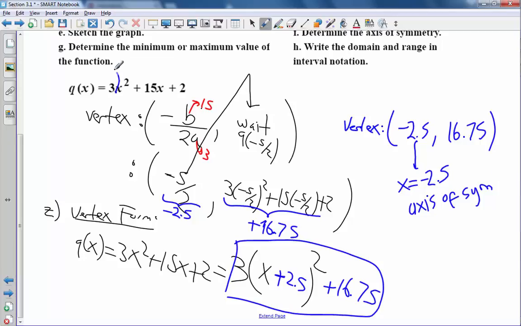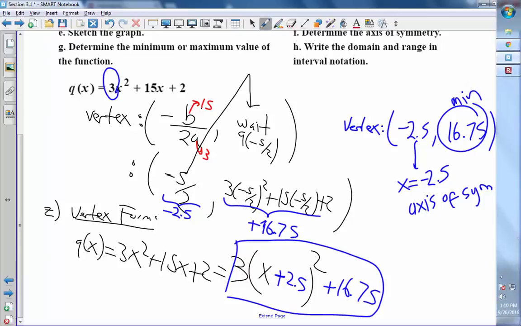Which one do we have? Look at the shape. Is this a U shape? Upside down U shape. It's U, rising upward. If you have a rising upward thing, this is minimum. If this is the minimum, domain is everywhere, but range is 16.75 all the way to infinity, right?